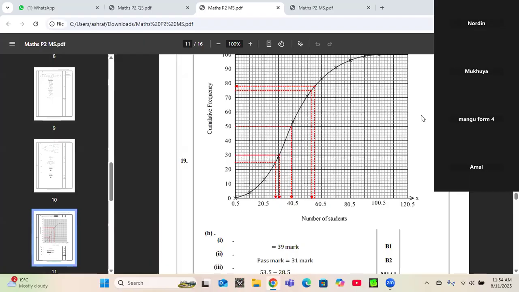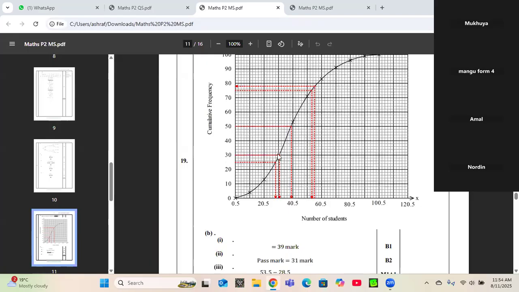So we can use decile or percentage. So you get 30% of the total frequency, which is 100. So that will still give us 30. So if you get 30, then you go to the y-axis and get 30, and then you get the value corresponding to it.